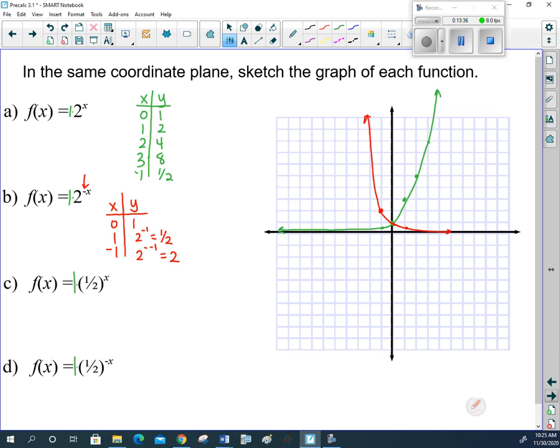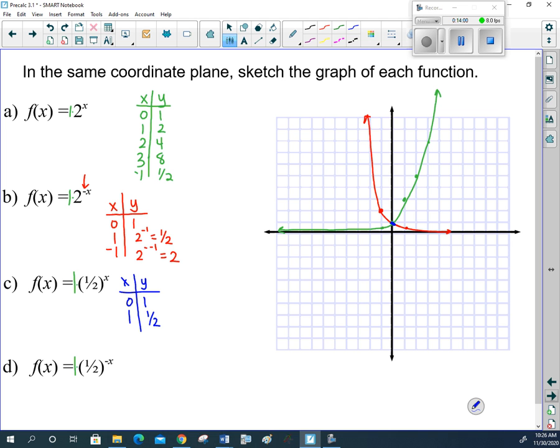All right, what happens then when I have a base of 1/2? Well, a base of 1/2 is supposed to be a decay. Let's just see. When I put a 0 in, I get a 1 out. So yep, that one's starting in the same spot. What happens when I put a 1 in? I get 1/2, right?